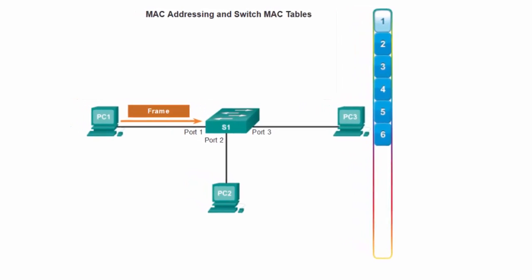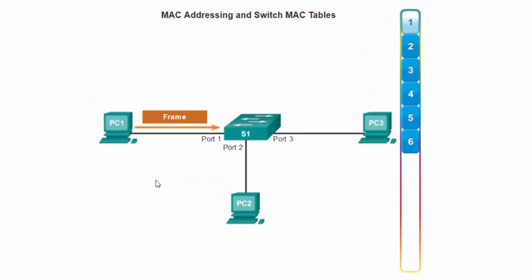To understand how the switch actually works, the switch performs a certain procedure to forward the frame from a source to a destination. If we assume that PC1 wants to send to PC3, the frame will contain the source MAC address and the destination MAC address. The first thing the switch does is receive that frame on port 1.